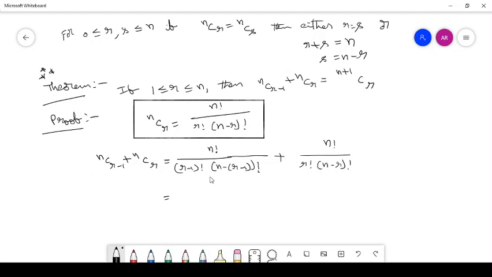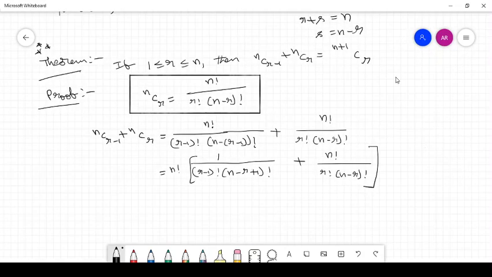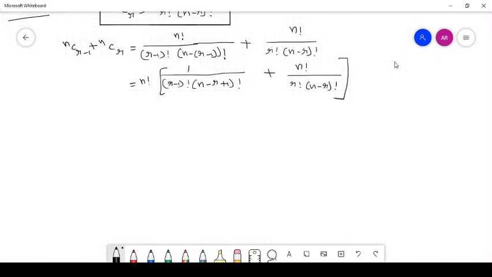Next, both the terms have n factorial, so taking it outside, we get 1 by (r minus 1) factorial into (n minus r plus 1) factorial, plus 1 by r factorial into (n minus r) factorial. Solving this, it is equal to n factorial.